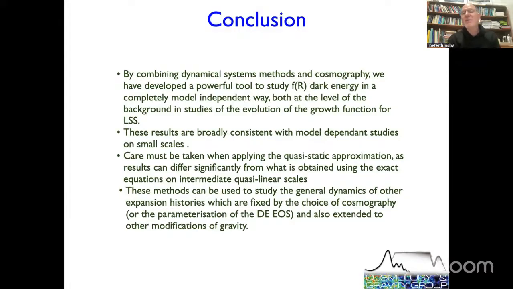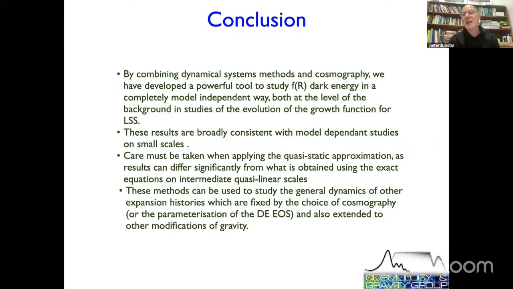I would say f of Q is the obvious extension that should be relatively easy to do. But more broadly, I think we should try and develop things in this way for general scalar tensor theories, and also dynamical dark energy models in GR. The more we can do things in a model independent way, the better.